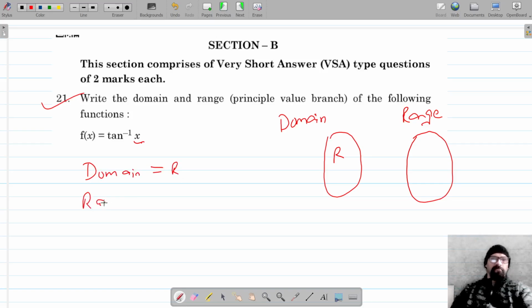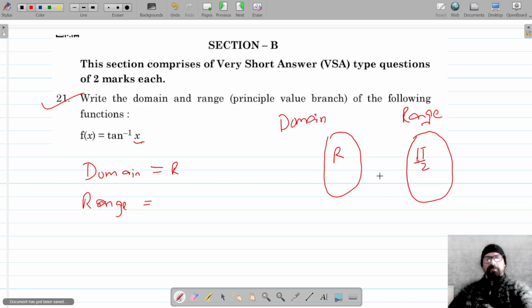But in range, we know that for the principal value branch, tan inverse is not defined at pi by 2.